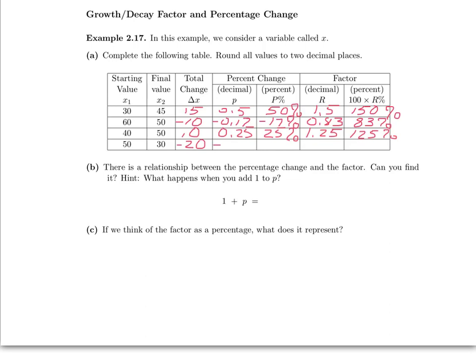This gives us negative 0.4, or negative 40%. To calculate the factor, I take 30 and divide by 50, the final value divided by the starting value. That gives us 0.6, or 60%.